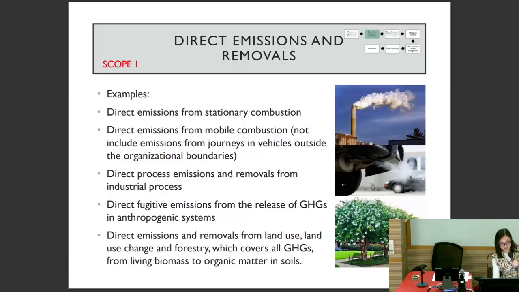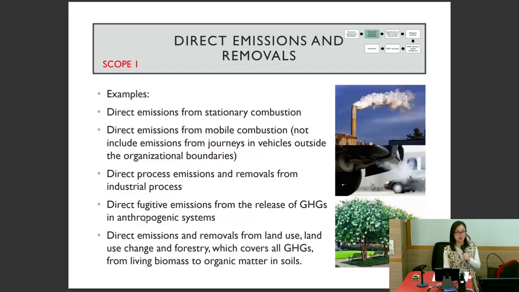Direct emissions and removals from industrial processes. For example, in the manufacturing of cement, in that chemical reaction, carbon dioxide will be released. Then this is direct emissions. Also direct fugitive emissions from the release of greenhouse gas in anthropogenic systems.